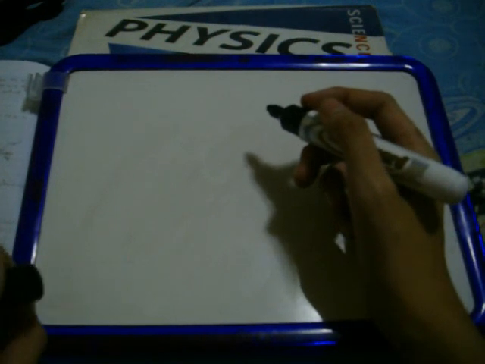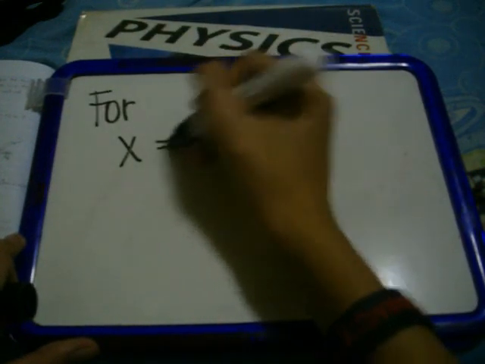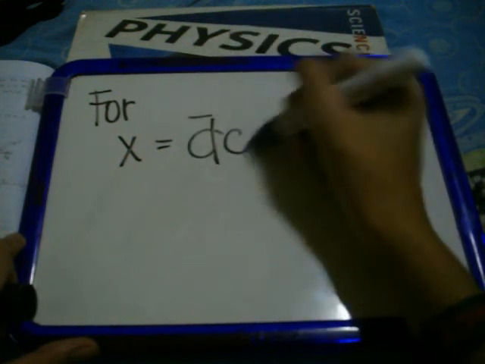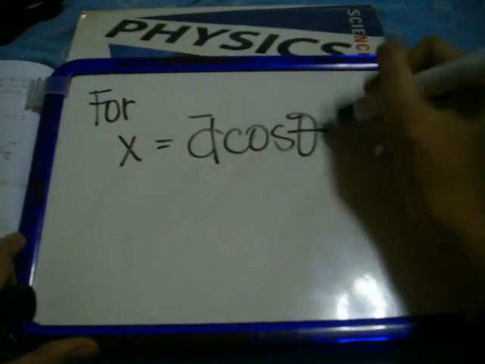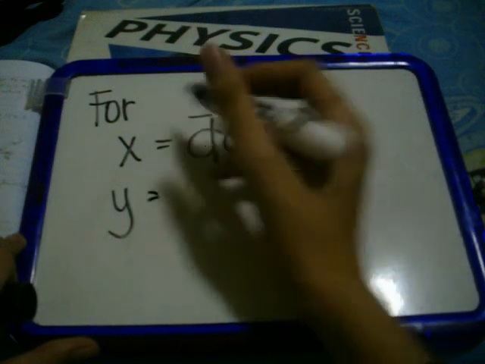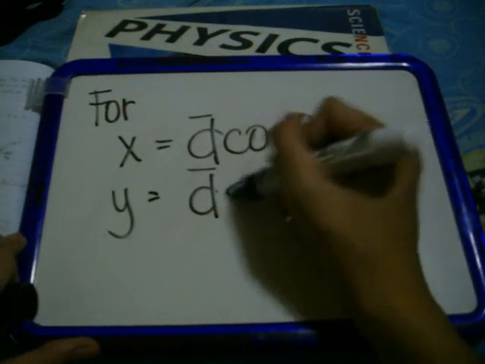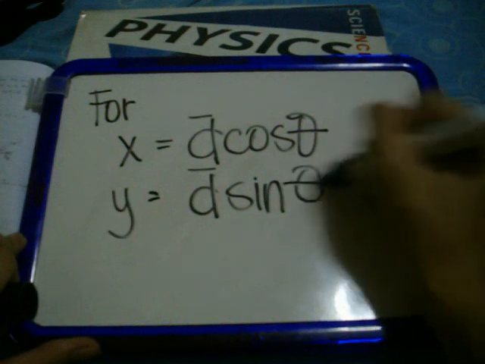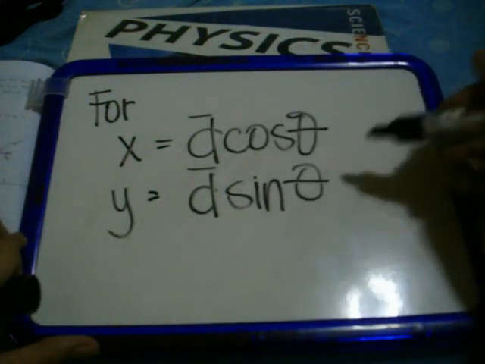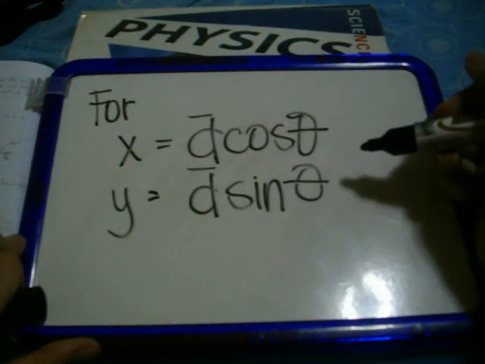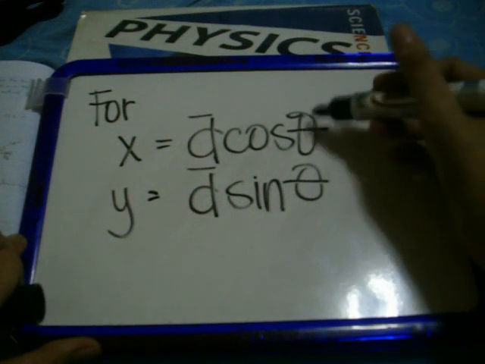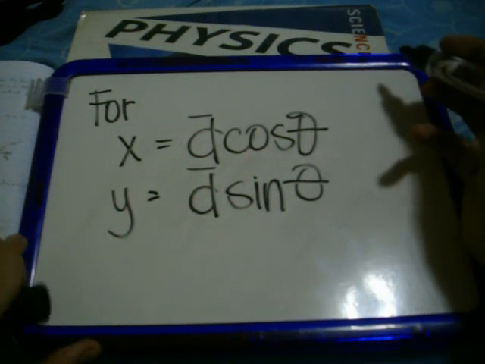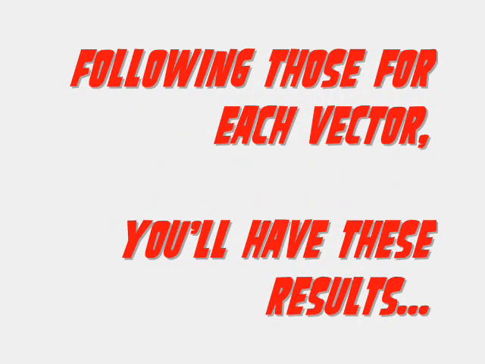To compute for the x and y components, for x, use this formula. And for y, where d is the magnitude of the vector or the displacement and theta represents the angle. Following that, for each vector, you will have these results.